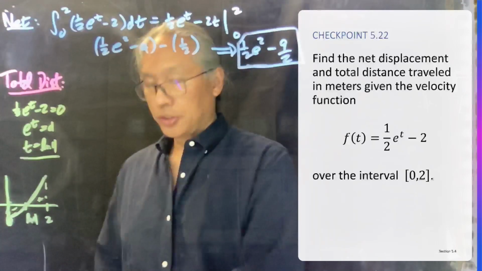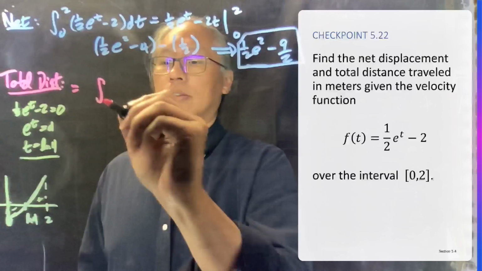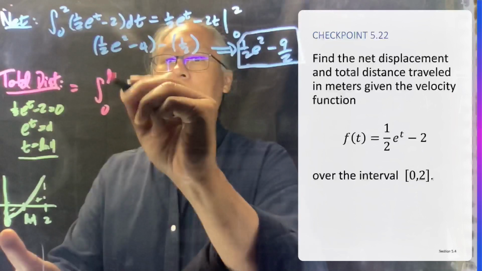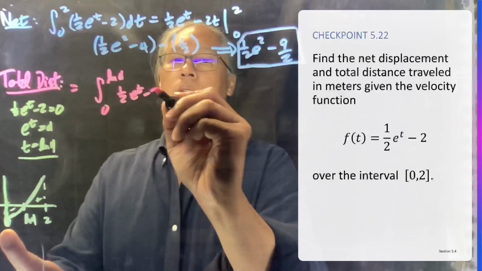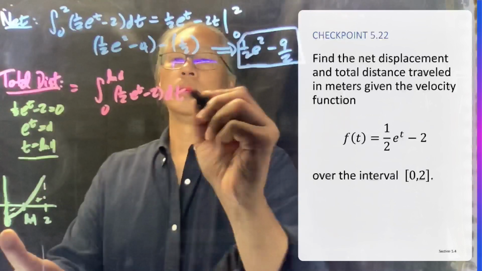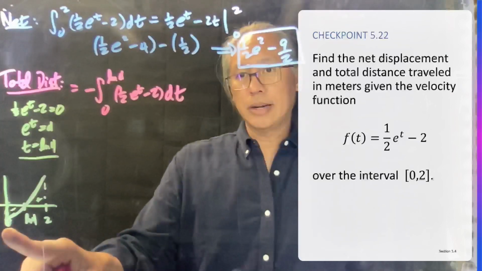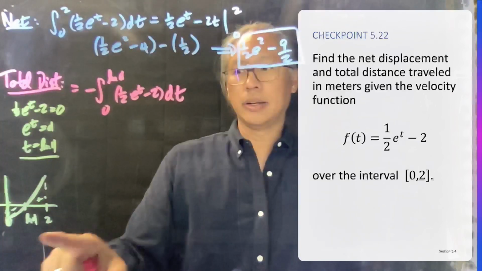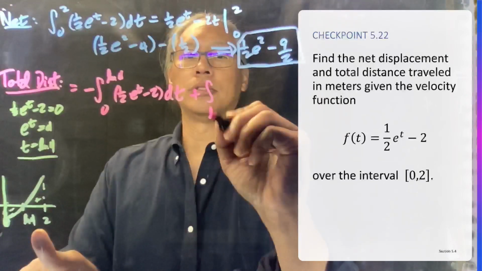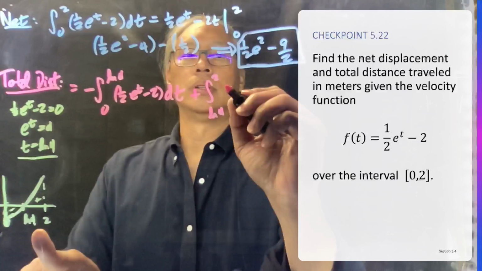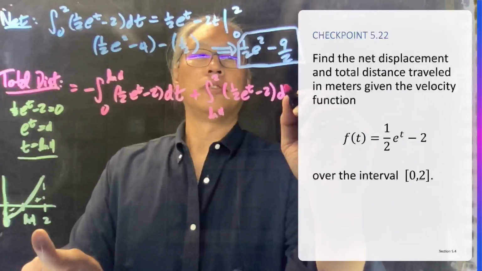So the total distance traveled will be equal to the integral from 0 to ln of 4 of this function, but with a negative in front of it because it gave a negative contribution down here, and so we want to undo the negative to make it positive. And then now we have a positive contribution from ln of 4 to 2 of the 1/2 e to the t minus 2 function.